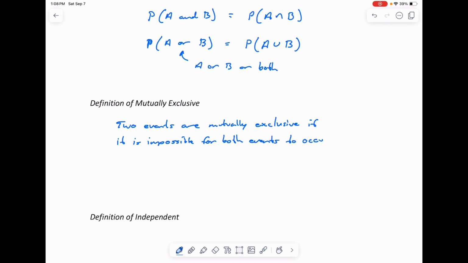Just so we don't pigeonhole ourselves too much, I'll say that both events can't occur. So for example, I flip a coin, the probability of a head and a tail, that's a mutually exclusive event. I can't flip a coin and get both a head and a tail in that event, okay?